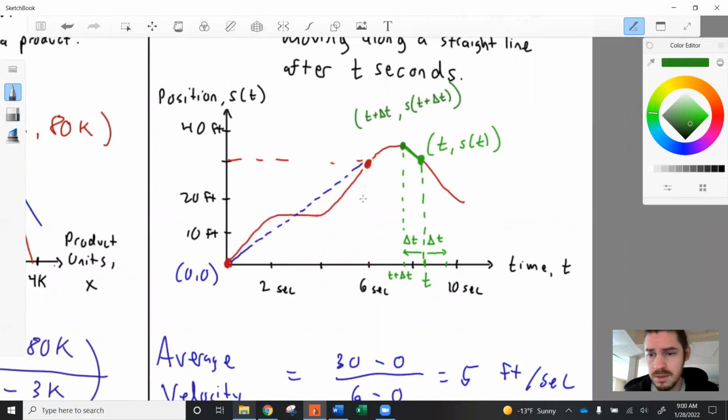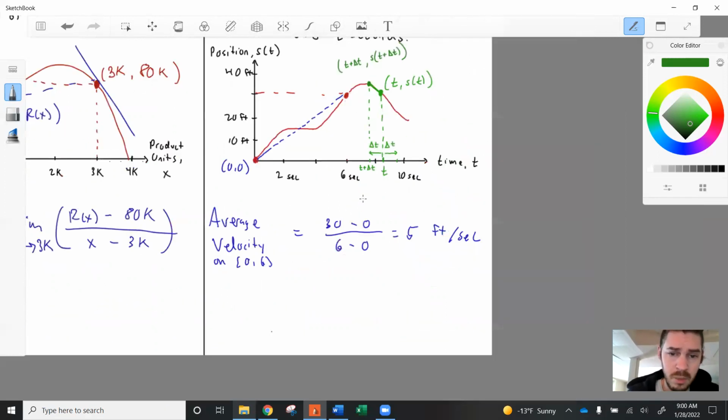So we have t, s of t, and then t plus delta t, s of t plus delta t. And now we can do the difference. We start with s of t plus delta t, minus the other y coordinate, s of t. And then this is all divided by t plus delta t minus t.